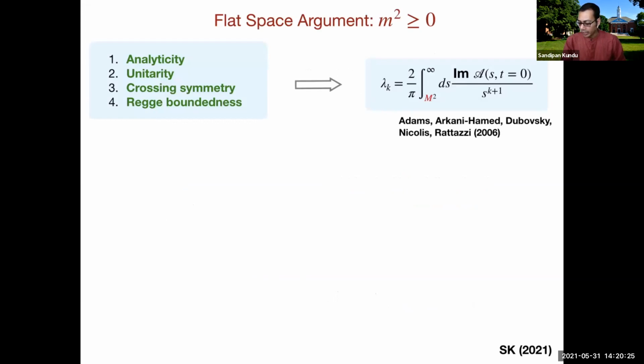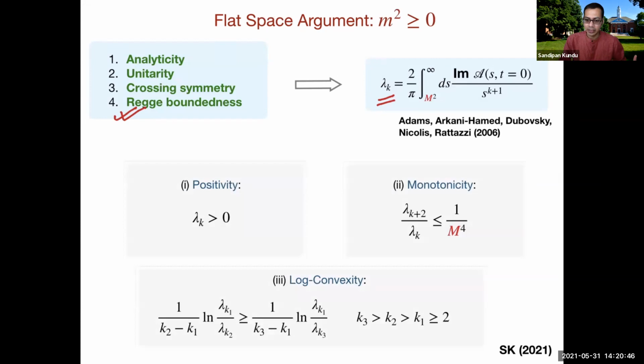That can be done very easily, just from general assumptions about the scattering amplitude. One can write down a dispersion relation for the lambda coefficients. This follows from the work of Adams et al. And from this dispersion relation, one can derive the same set of bounds.